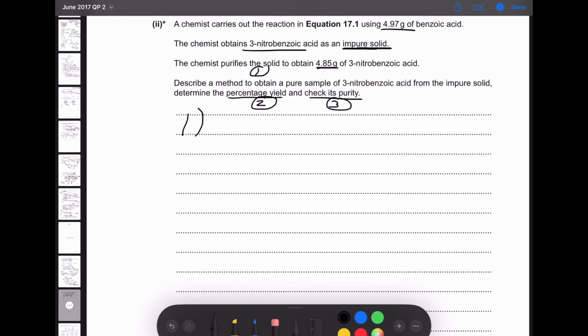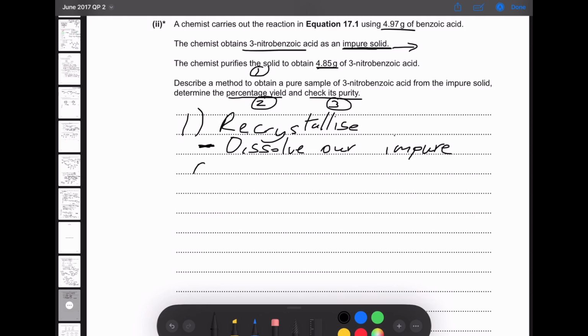So, we are separating impure solids. How do we do that? Well, we're going to recrystallize. So what are the steps involved in that? There it is. So we're going to dissolve our impure product, just be absolutely clear, impure product, in the minimal amount of hot solvent.